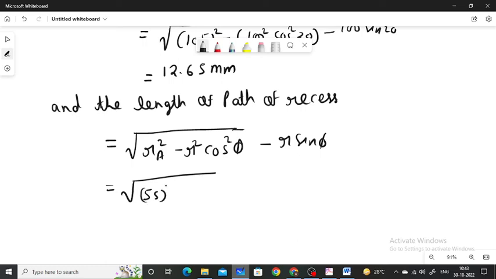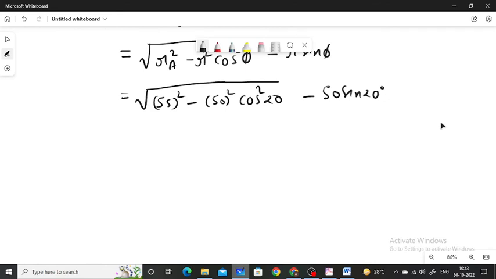RA is 55, R is 50, so the length of path of recess will be equal to the 11.5 mm.